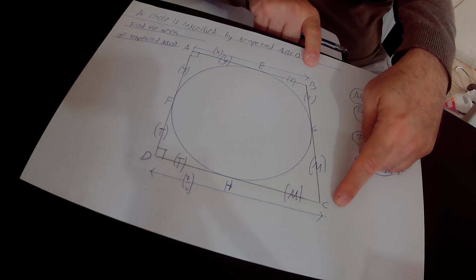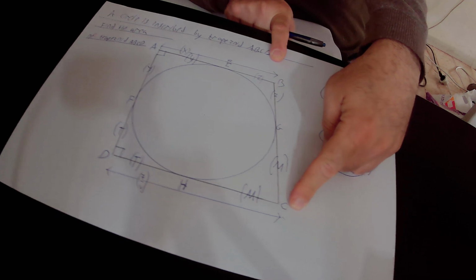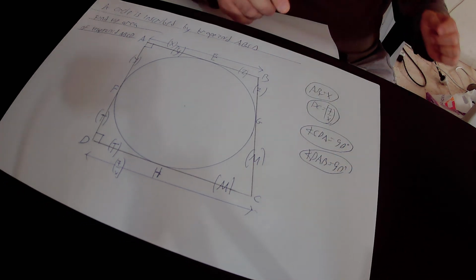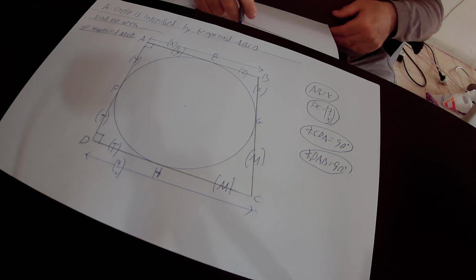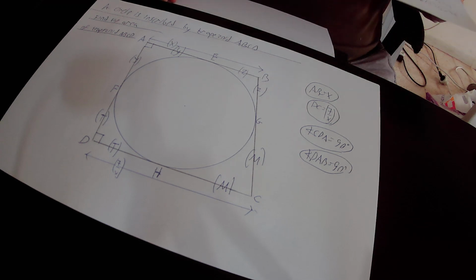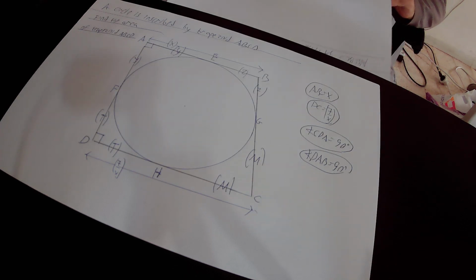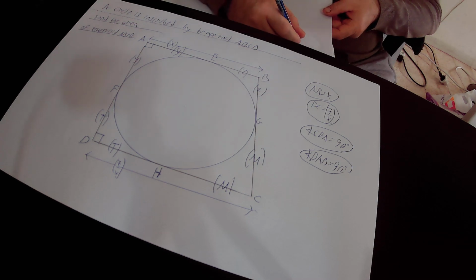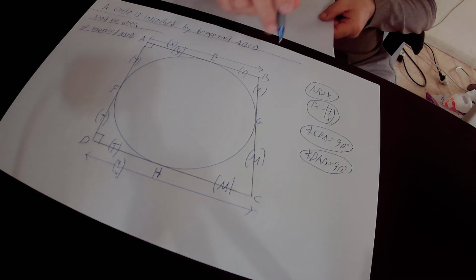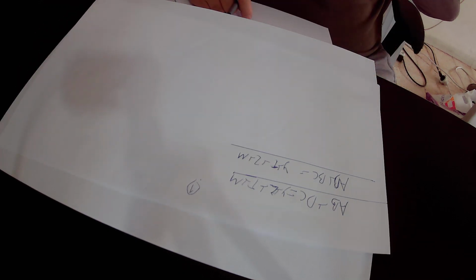BC equals Z plus M. So we found out that AD plus BC equals Y plus T plus Z plus M.